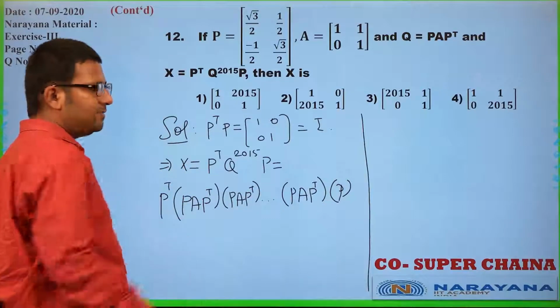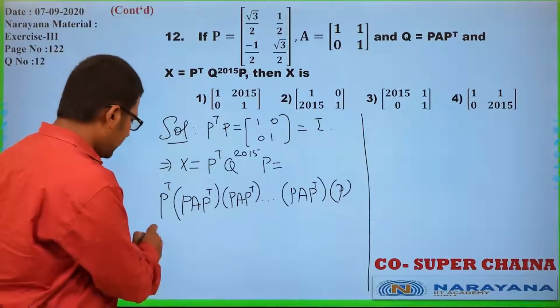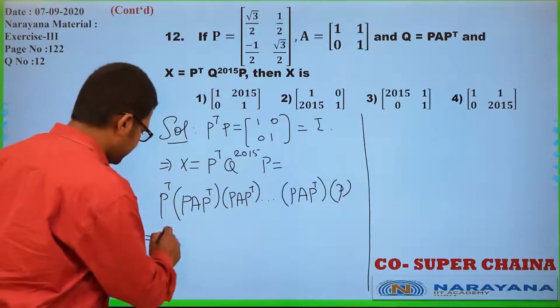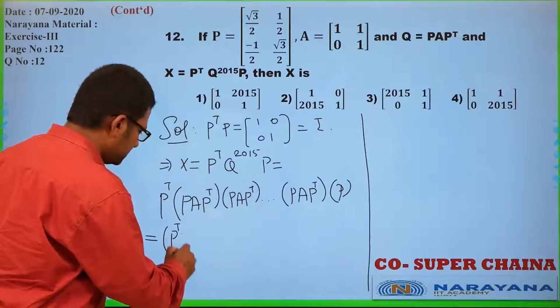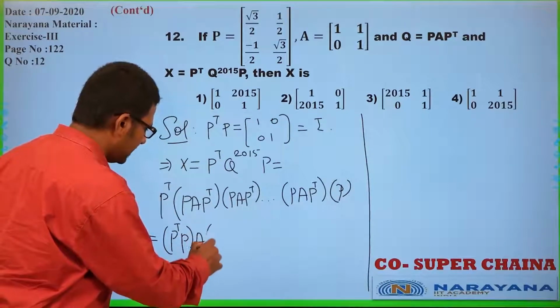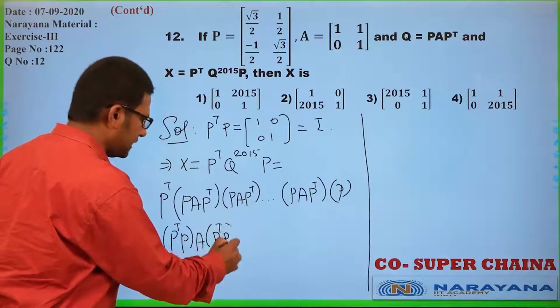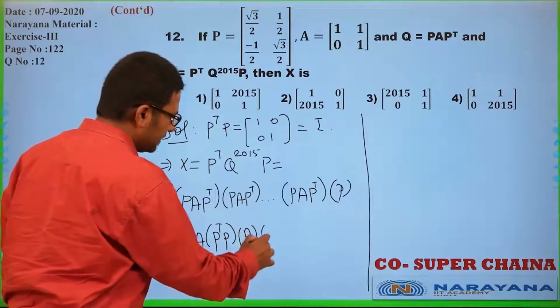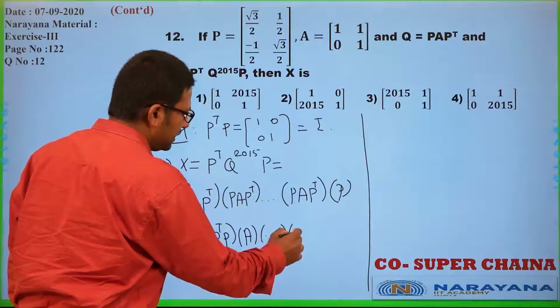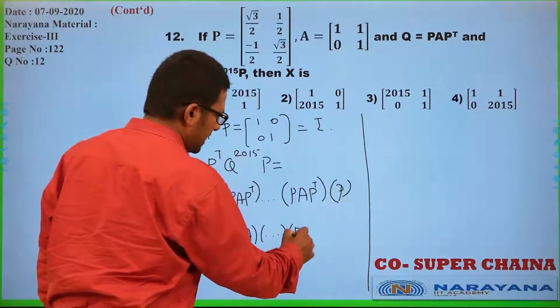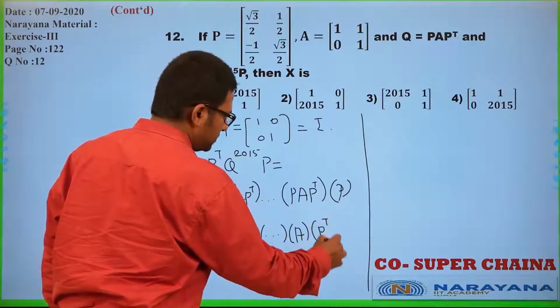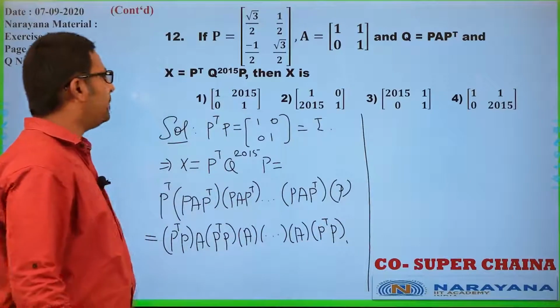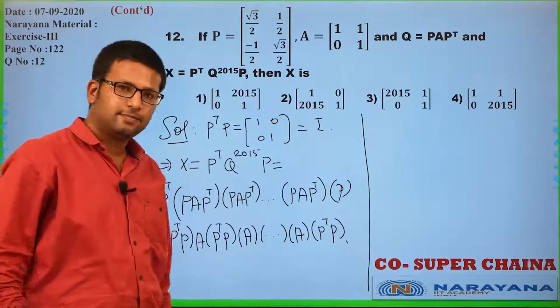This is 2015 times. Now this we can write as P transpose P into A into P transpose P into A, right, and so on into A into P transpose P. But we know P transpose P is I.